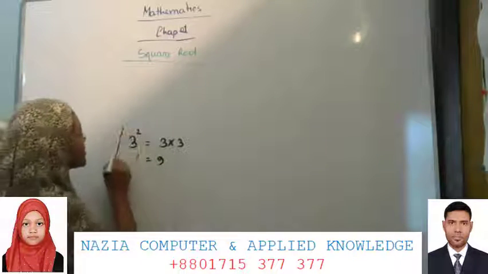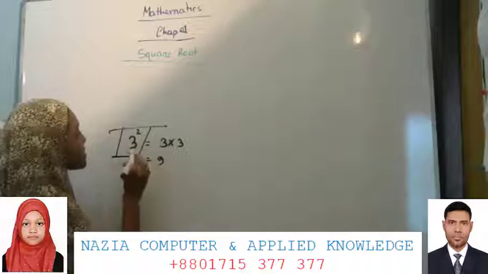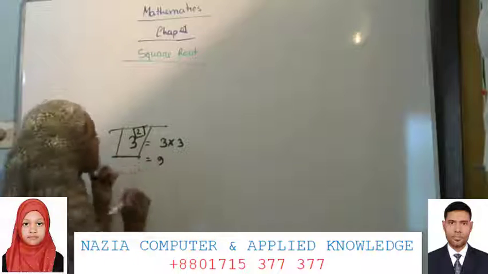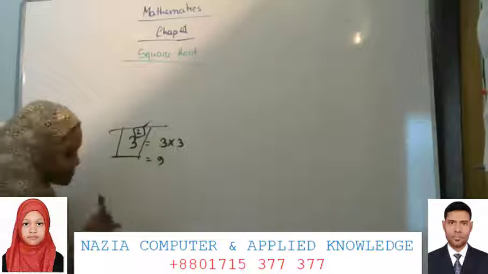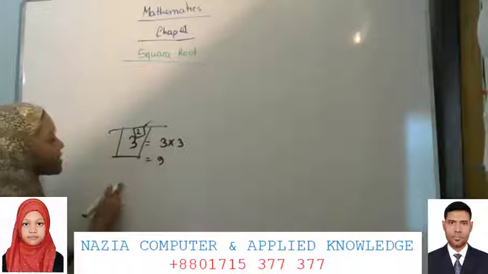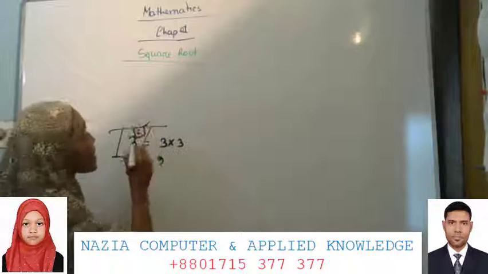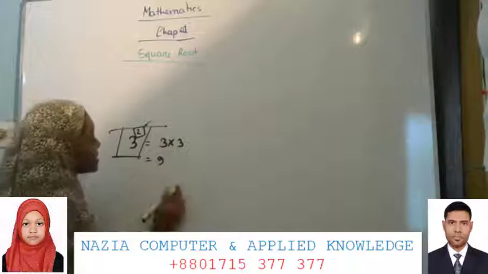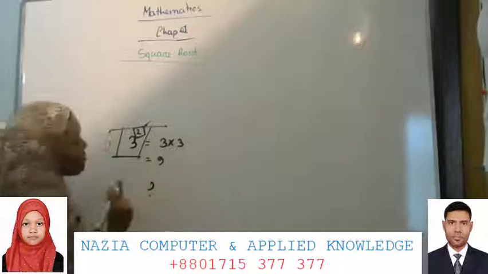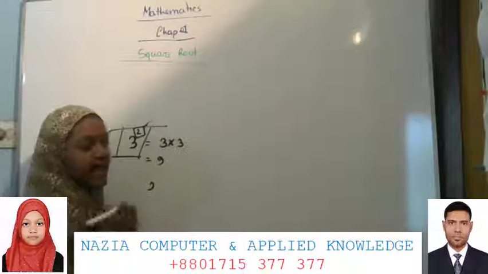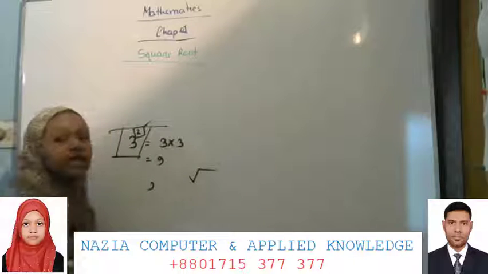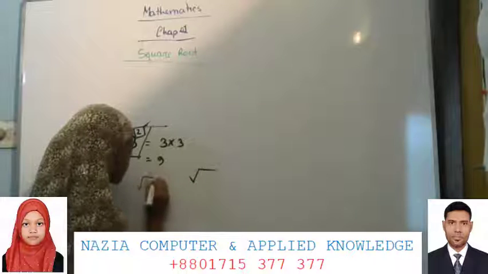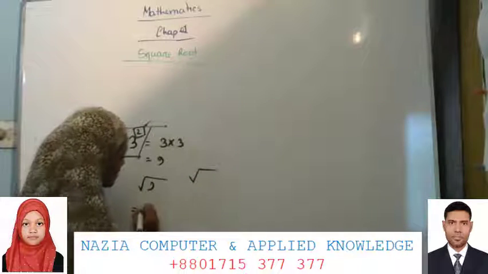Okay. So we understood what is square. You can see a 2 over here. So this actually is called the square. Then after that, if I say the square root, we have found the square, what is the square root. So here the result is 9. I have already discussed that this symbol is known as the square root symbol.